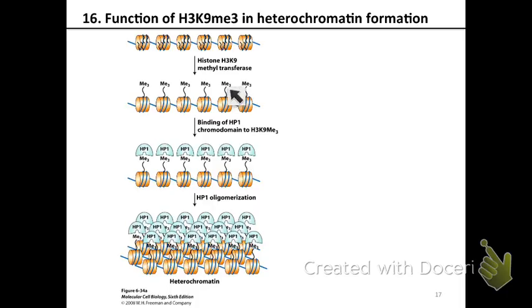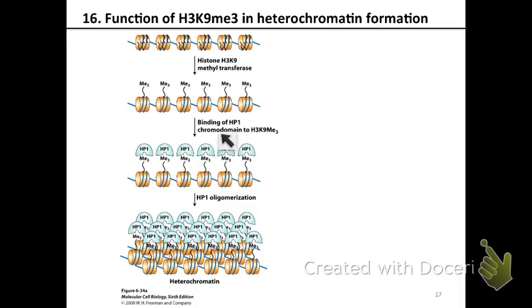So it puts 3 methyl groups on the same lysine. Now, these methyl groups on lysine 9 serve as a binding site for a protein called heterochromatin protein 1, HP1. Okay, it's very imaginatively named.